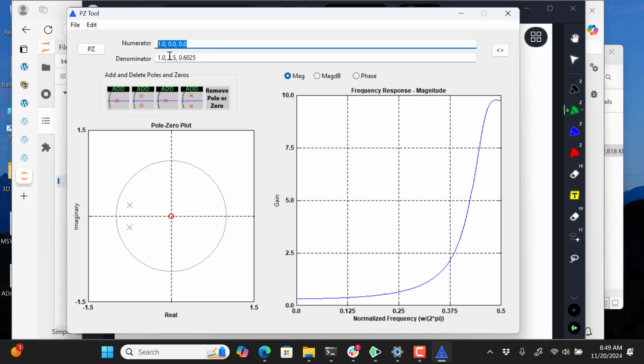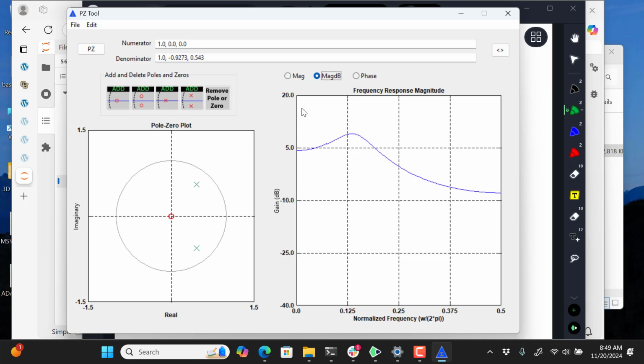These are the coefficients of the polynomial, so it did what I wanted to do. And now I can move that to some radius. I'll put it in dB, and then you can see how it indeed is peaking up at that point. And I can, of course, move this around.